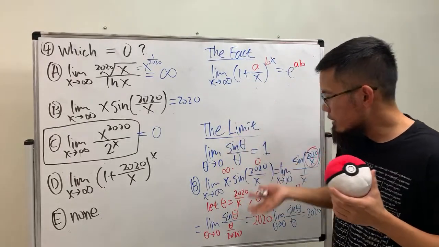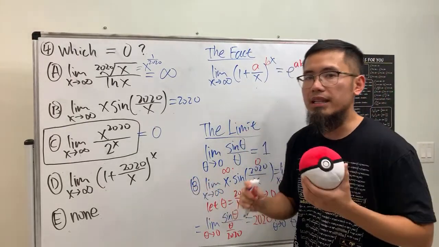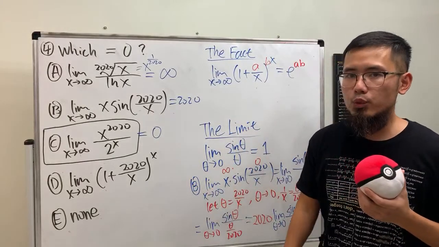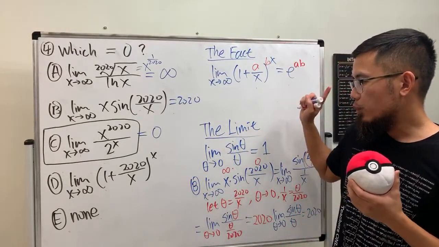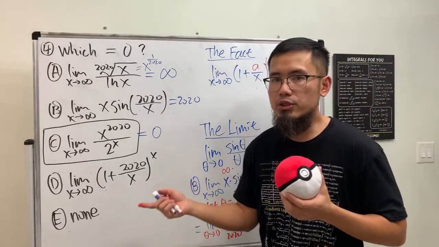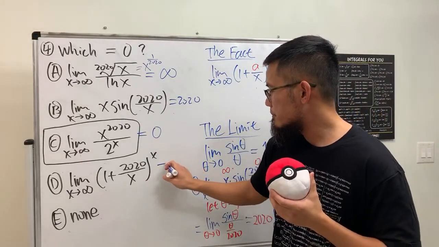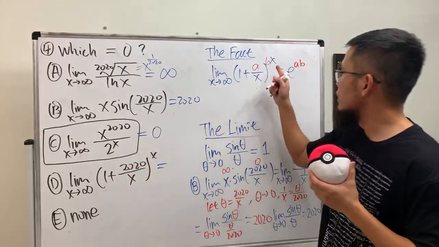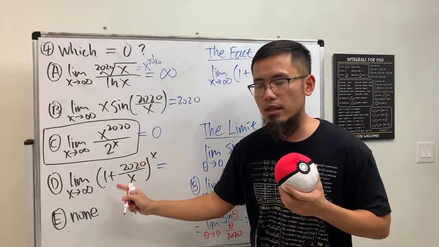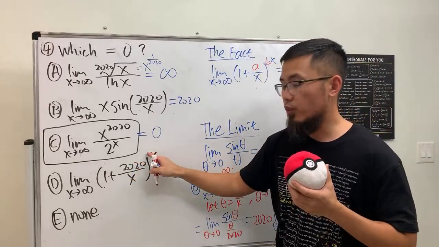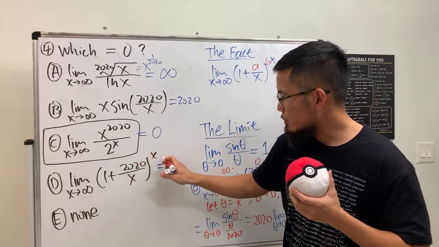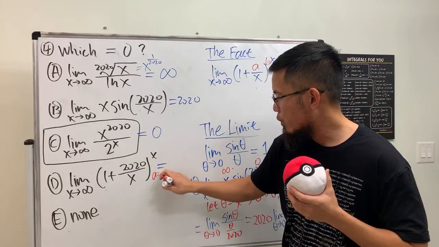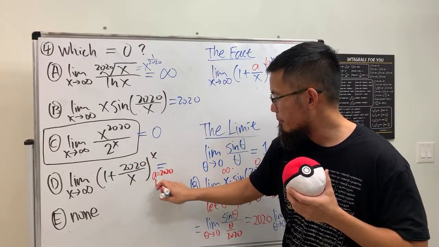And again, for all this, I covered it in class already, and as I told you, they are your secret weapon. Because with this in mind, this right here is just actually one line. Because notice, in our situation here, a is 2020, and b is just equal to 1. So I will just write that down for you guys. a equals 2020, and b is equal to 1.